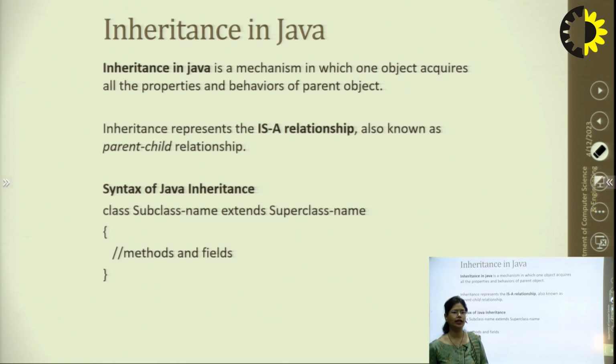So inheritance is also known as the parent-child relationship, or an is-a relationship. What is an is-a relationship? Banana is a fruit. Fruit is the parent, whereas banana is the child in this fruit hierarchy. The syntax for Java inheritance is: we write the class keyword, then the subclass name.